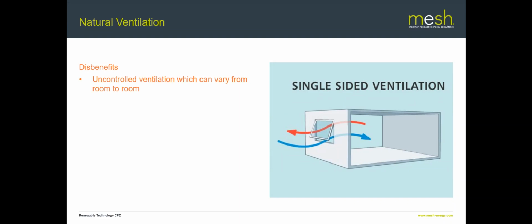But the disbenefits, or the downsides, of natural ventilation is that it can be quite uncontrolled. So it can vary from room to room quite a lot, even if you've got the same size ventilators on the windows, just because of things like the natural wind direction, prevailing winds, prevailing pressure differences, other things within the house can cause you to get quite different ventilation rates from one room to the next.